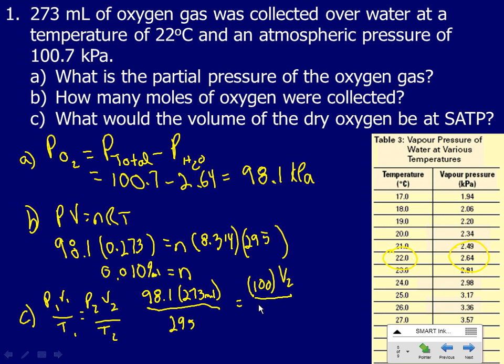Yep, 298. And I also do not have enough room on my slide to manipulate this. 298 has to come up top. 100 has to go down below. I'm just going to put a V2 equals, and I need you guys to finish that off for me.